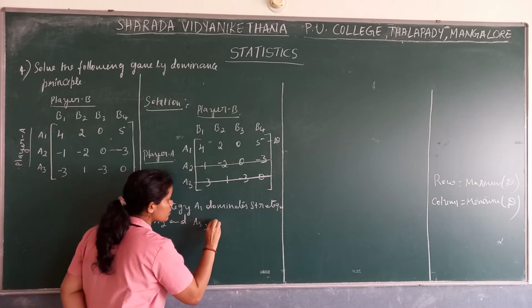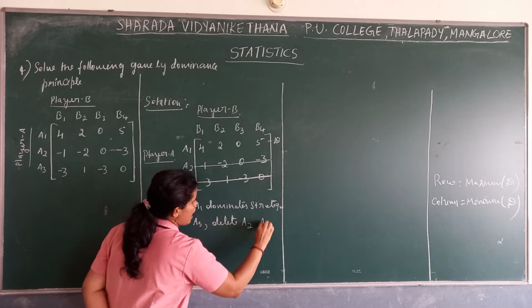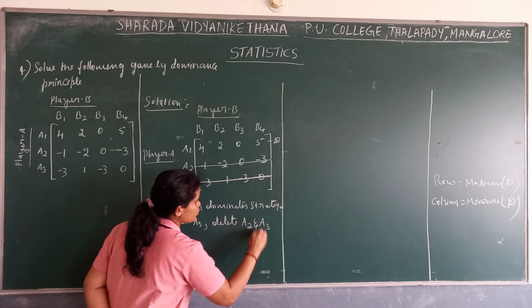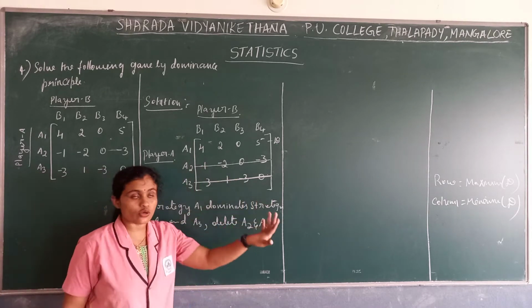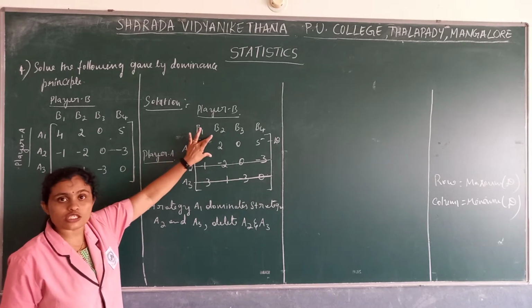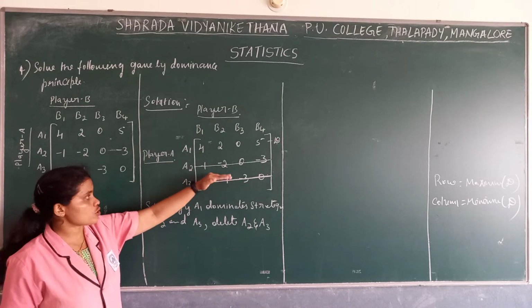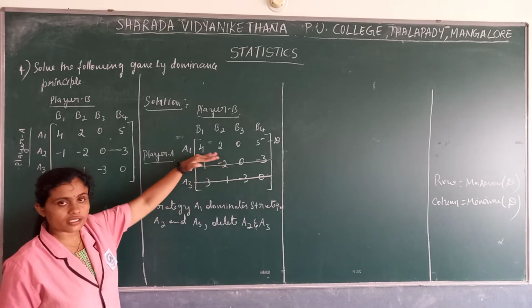So delete A2 and A3. With the first comparison only, in the first stage itself, we get one particular row dominating the other two rows. Here A2 is smaller than A1, and A3 is also smaller than A1.